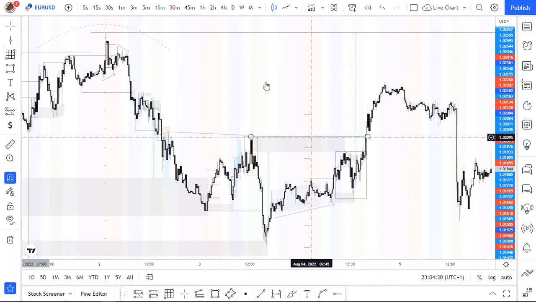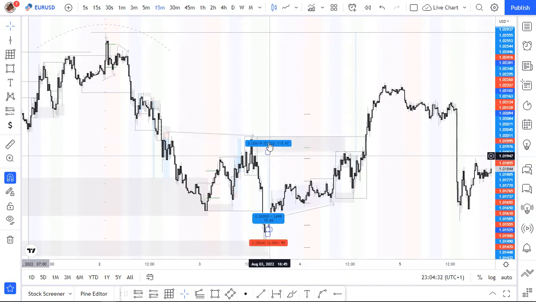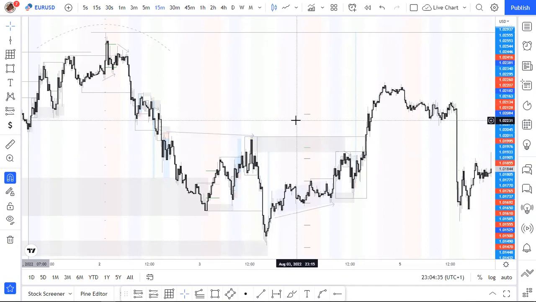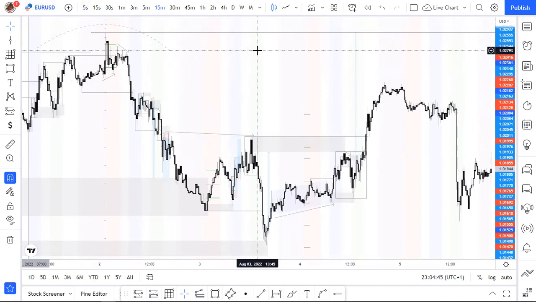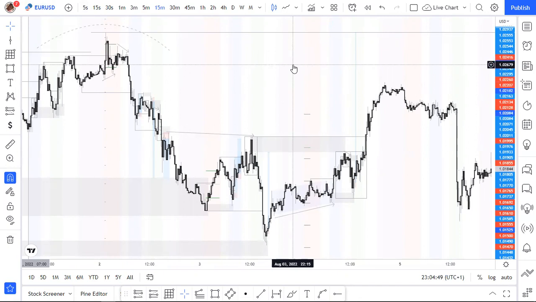So today I wanted to do another review on the previous week and give a market outlook as well. This is the Euro USD 15-minute chart. Last week I took a lot of trades, but the actual winners weren't much.